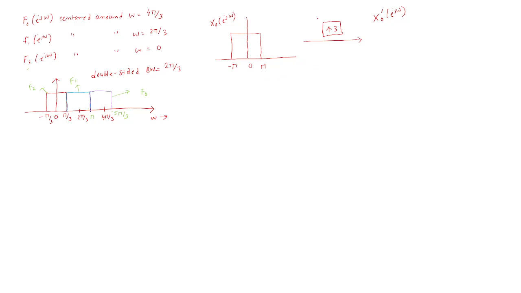If you pass a signal through an upsampler block, the frequency domain spectrum contracts. What does it mean? Two things happen. First is contraction of frequency, that is, earlier your edges are at minus pi and pi. Now in the new frequency axis they contract to minus pi by 3 to pi by 3.